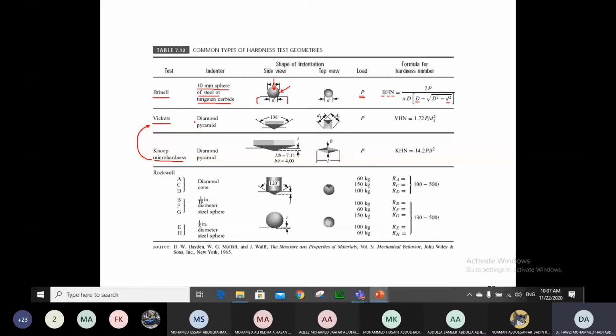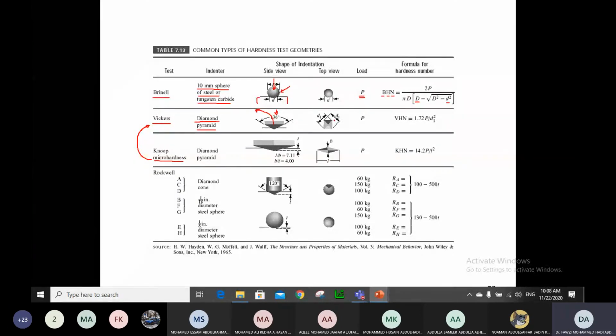The indenter shape is a diamond pyramid in this case. As you can see, this is a diamond pyramid which has 136 degrees. When you cause the indentation, you push it with a force. Of course, this force is different than the previous force. You push it with a force down and then remove that and look from the top.